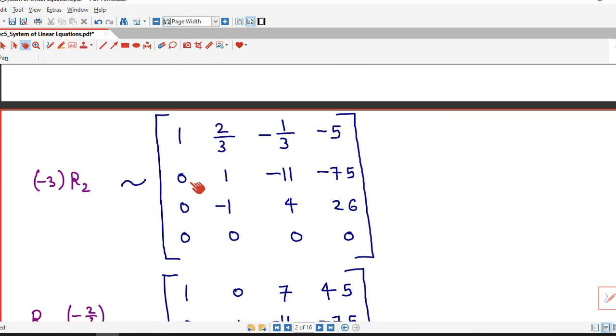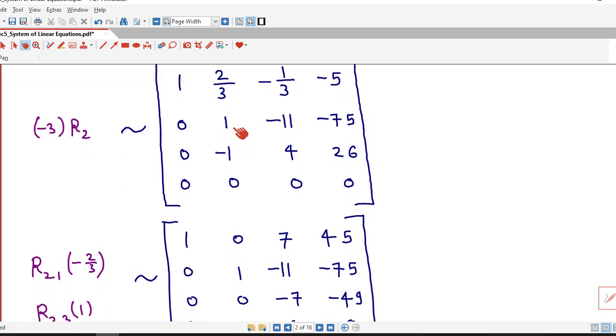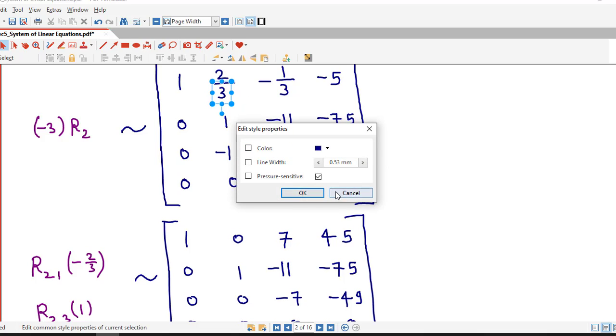So we have obtained this second row after multiplying by minus 3, and we can see the first non-zero entry of the second row is 1 now. Now we have to make these two entries 0.